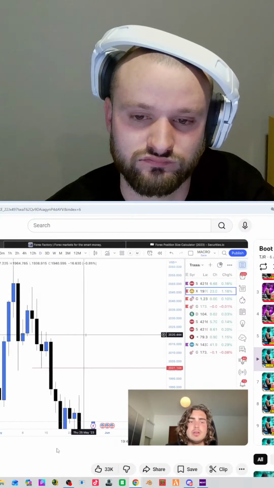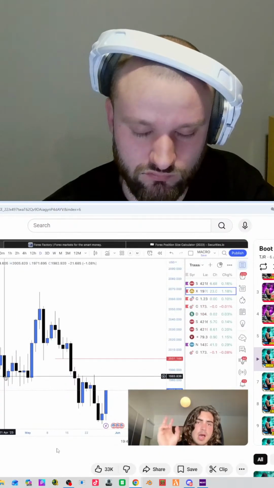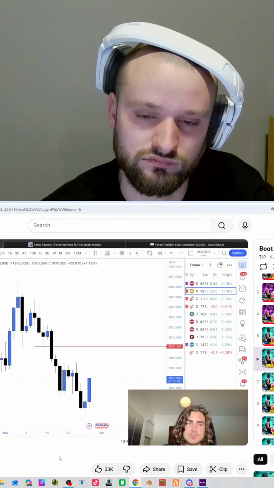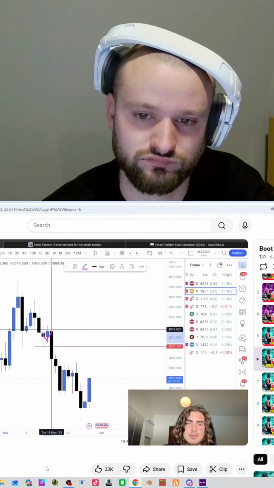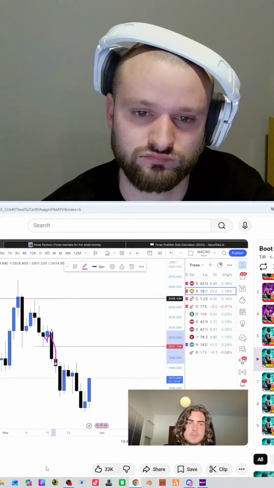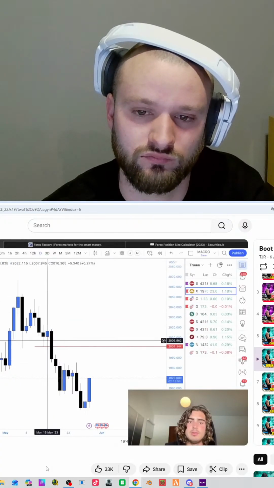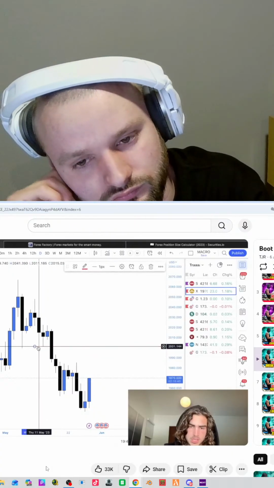As you can see here, we previously had broke structure to the upside, right? Uptrend. Then we have this low, and what happens? We have a move down, then a move up, but then, we weren't in a downtrend previously, but what happens with this candle? The body of the candle closed below the low.